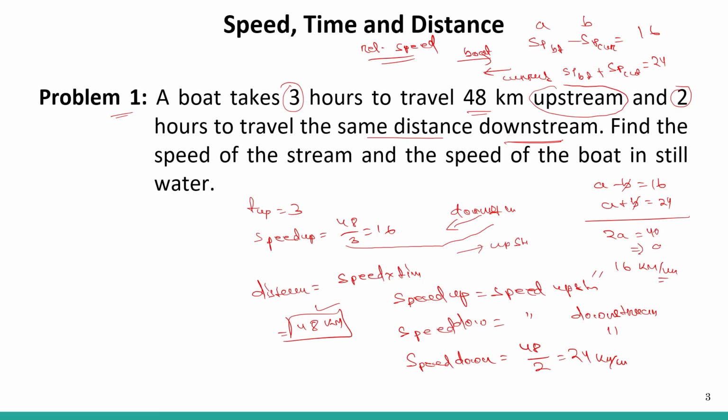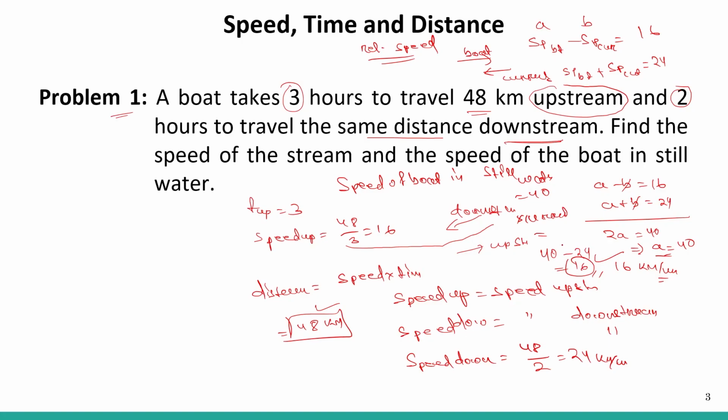So the speed of the boat in still water is 40, and the current is 40 minus 24, which is equal to 16 kilometers per hour.